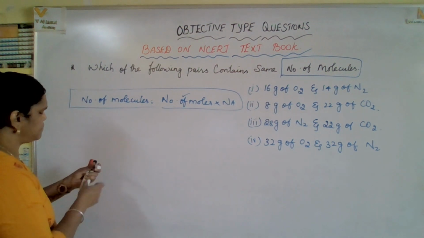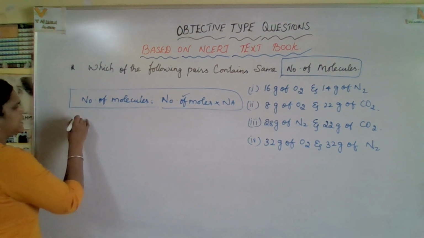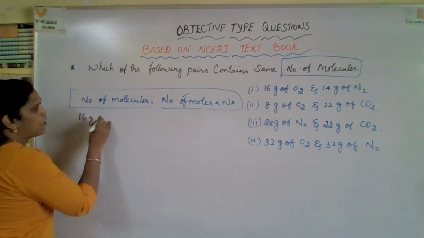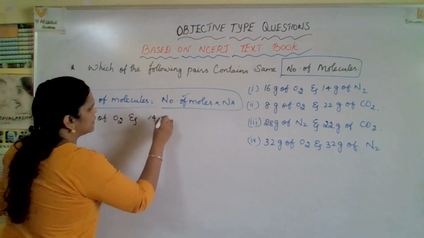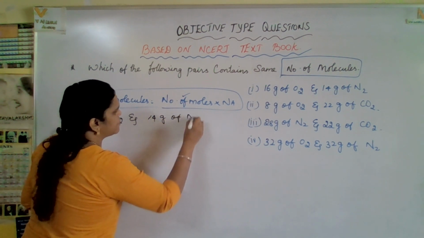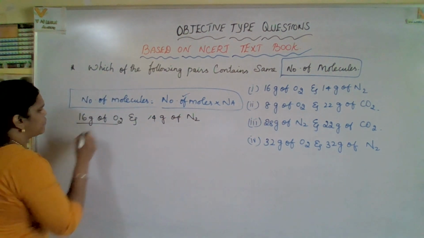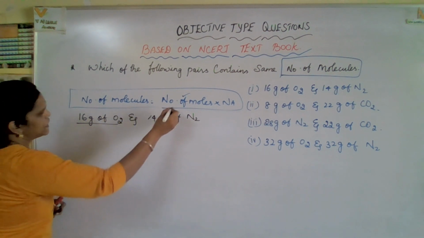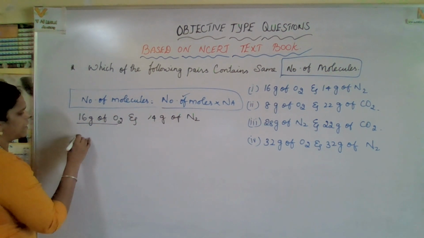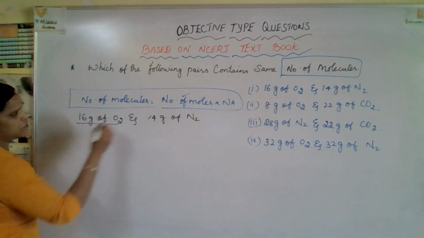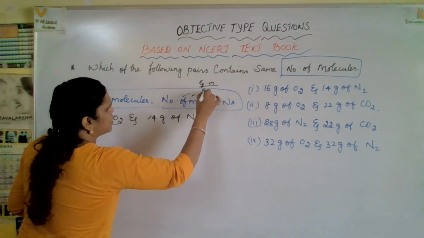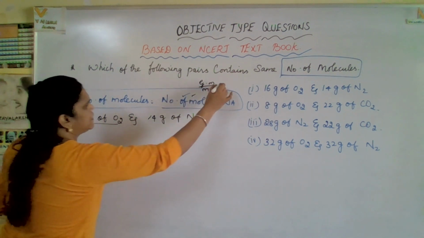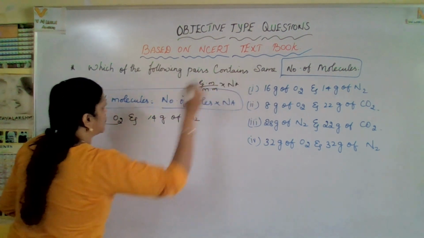Let us identify. So the first one, 16 gram of oxygen and 14 gram of nitrogen. So 16 gram of oxygen: given mass by molecular mass into Avogadro number. That is number of moles. So number of moles equals given mass by molecular mass, into Avogadro number, right?